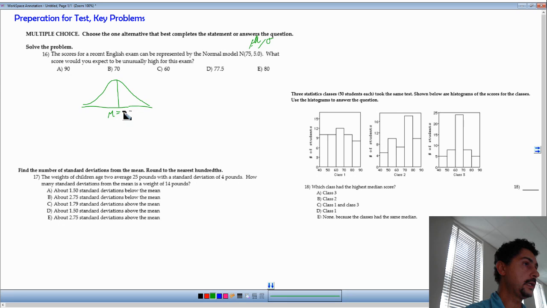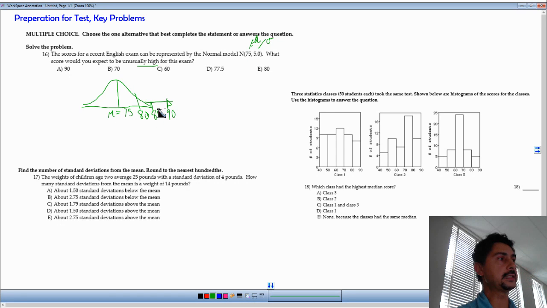We're going to call the mean equal to 75. And with this 5.0 standard deviation, we can extend this in our mind. We'll go to the second standard deviation, the third, and it says unusually high, so this is the direction I'm going. And we have to add 5, so that's 80, 85, 90.